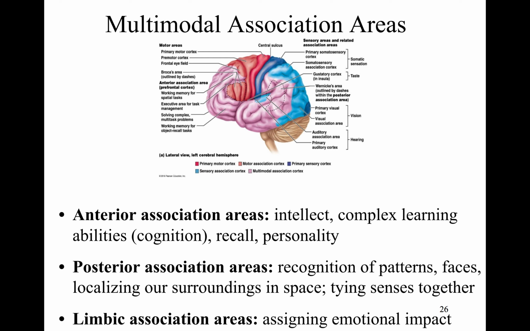And there are three different association areas. There's the anterior association area, the posterior association area, and then the limbic association area. So these multimodal association areas are going to have different functions.